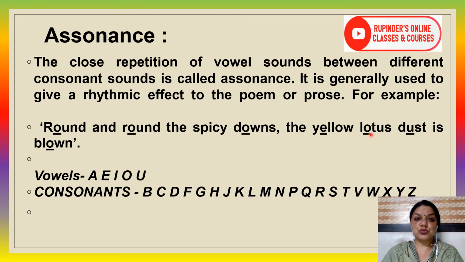Now in order to make it more clear, there are 5 vowels out of 26 letters in the English alphabet: A, E, I, O, U. If you have repetition of these sounds, it's called assonance. And if there is repetition of consonant sounds, that's called consonance. And combined, this is called alliteration. So consonants are the other 21 letters left.